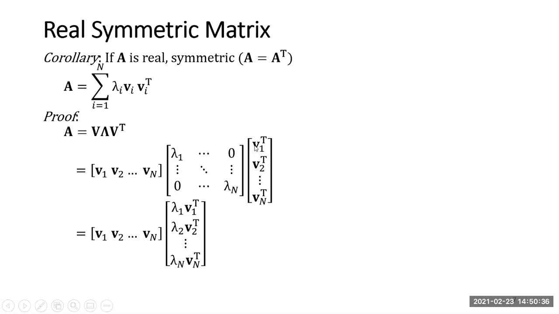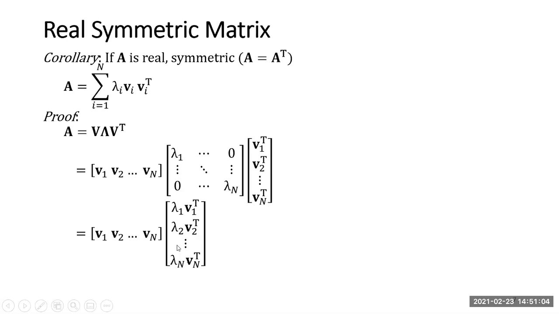So all these zeros will be multiplied with all these v's: 0 times v1 transpose, 0 times v2 transpose, all the way until the last but one row, and lambda n times vn transpose. So I multiplied this with this, I got this.